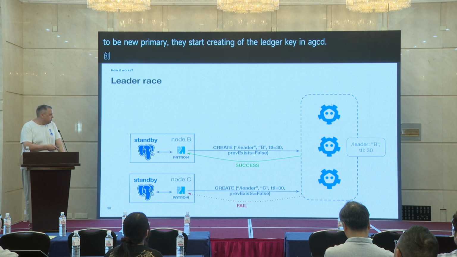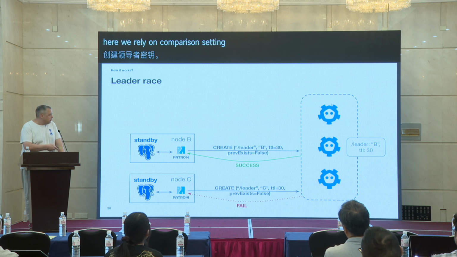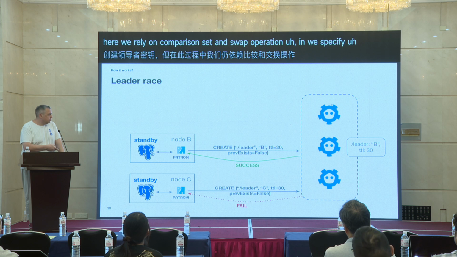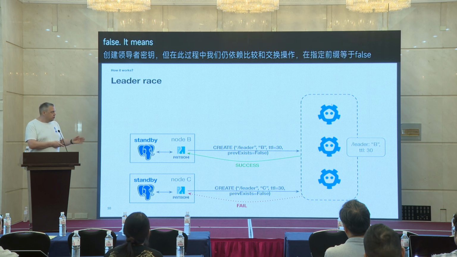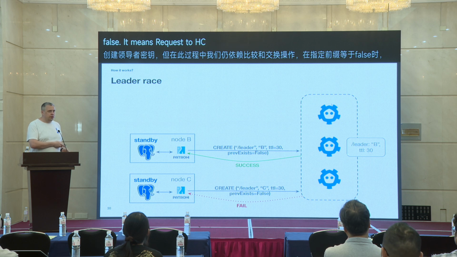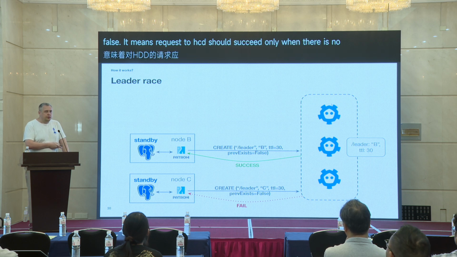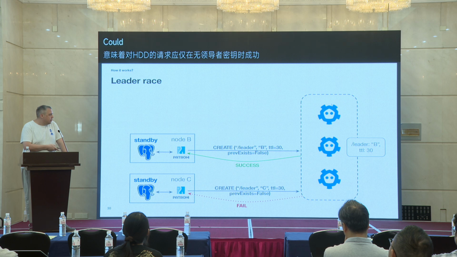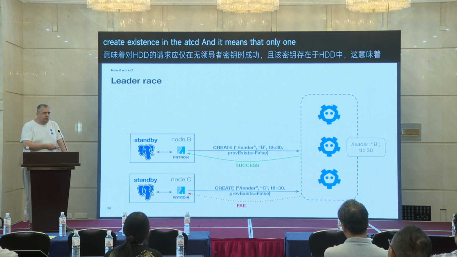But again, here we rely on a compare and swap operation. We specify prevExist equals false. It means the request to etcd should succeed only when there is no leader key existing in etcd. And it means that only one of such requests will succeed.